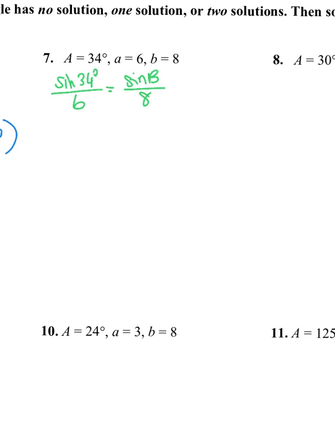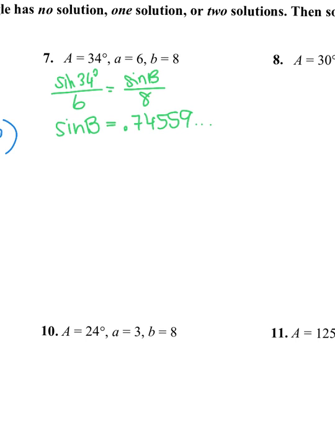And if you cross multiply and solve for sine of B on your calculator, we get sine of B is equal to 0.74559... Okay, so now we know that we have at least one solution.